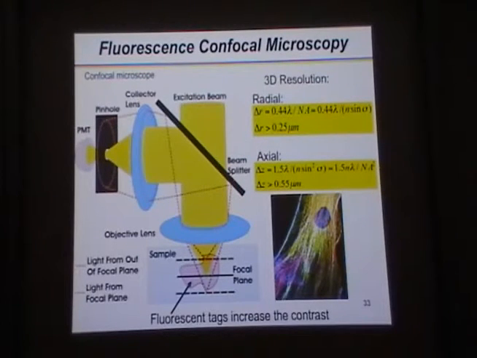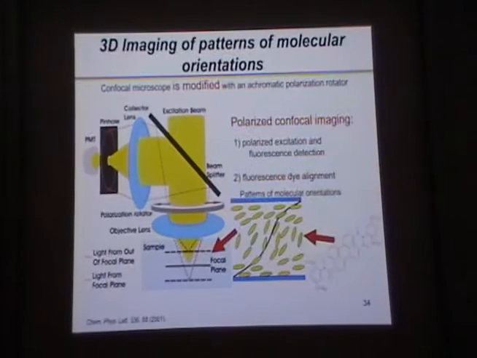But in most biological applications, what you are interested in is how different molecules or parts of the biological tissue are spatially distributed with respect to each other, right? So what you focus on is labeling those different molecules or tissue with different dyes, and then you can visualize what's happening in your sample.